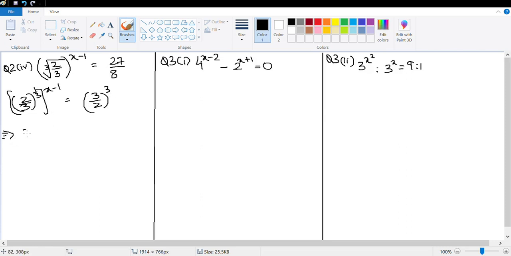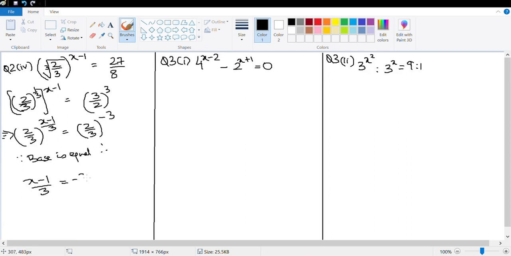This is 2 upon 3, everything to the power x minus 1 upon 3. Again, since the numerator is in denominator, I will reverse it, which means the power will become negative. Now since base is equal, therefore x minus 1 upon 3 is equal to negative 3, which means x minus 1 is equal to negative 9, which means x is equal to negative 8.